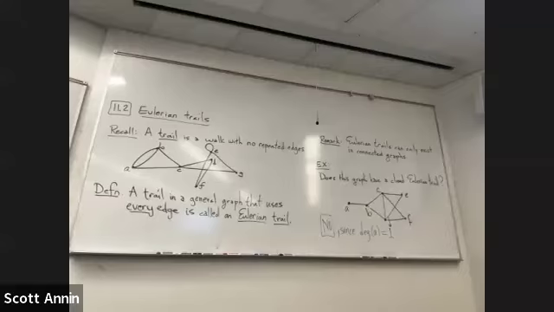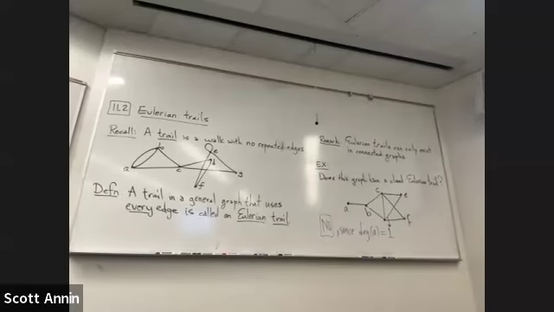I'm running out of time here, but does anybody think they might know what would be the condition to have a closed Eulerian trail? I'll state it for you here. First of all, I'm going to assume that G is connected, because I've already made the comment that if the graph is not connected, we can't have an Eulerian trail.